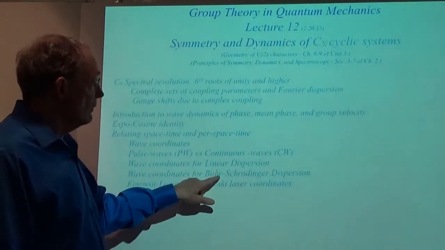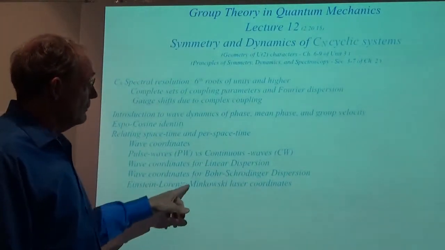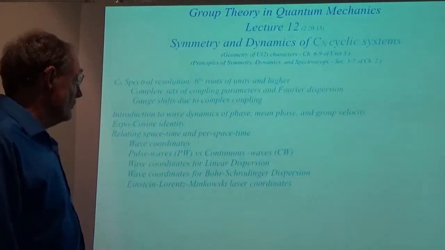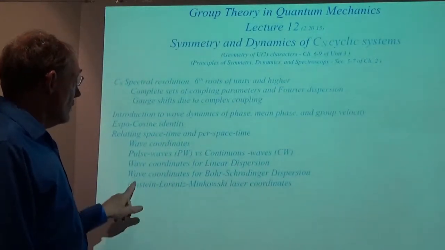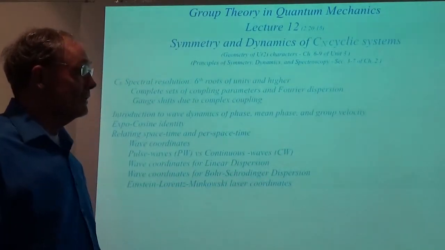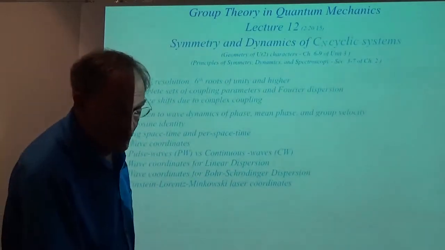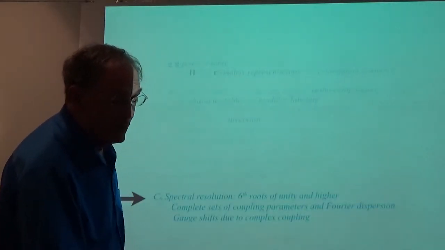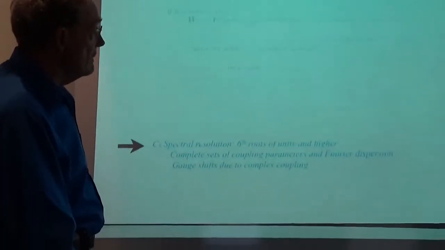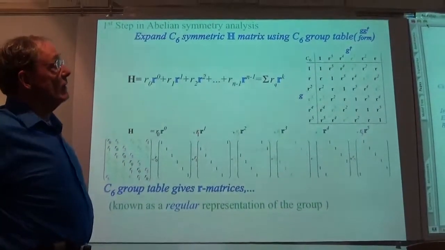I'll look at the Bohr-Schrödinger dispersion, and then I'll show you how actually to eventually derive matter wave dispersion, which is what that is. How to make space-time coordinates using lasers is, I think, the high point at the end of this lecture.